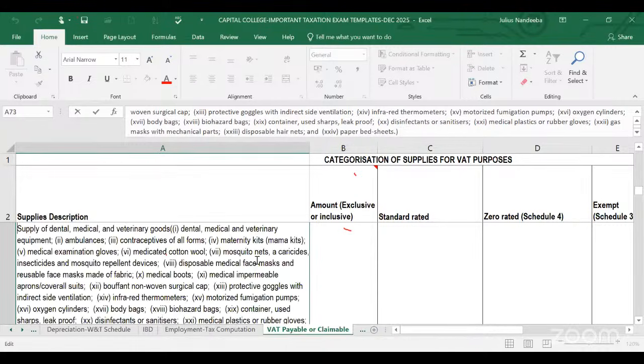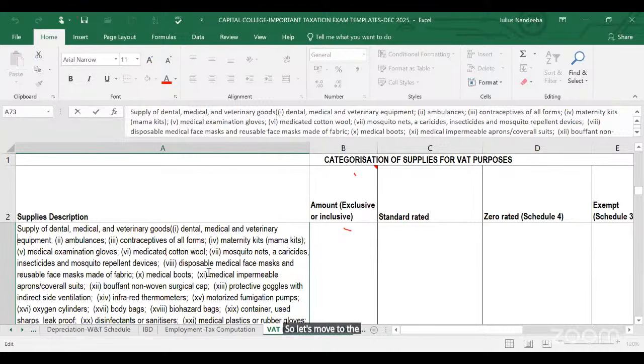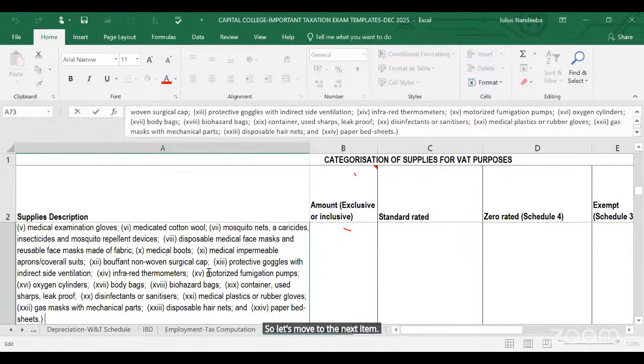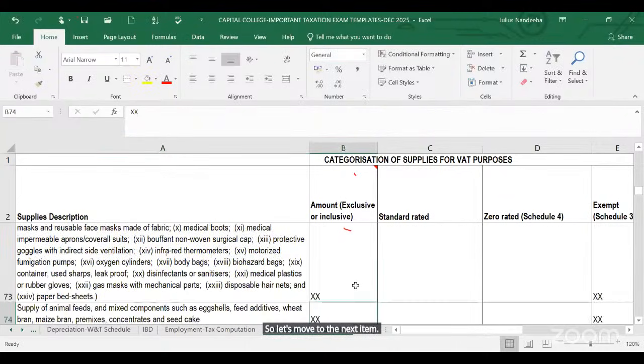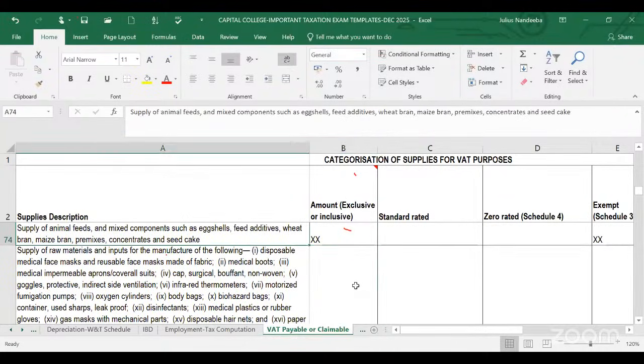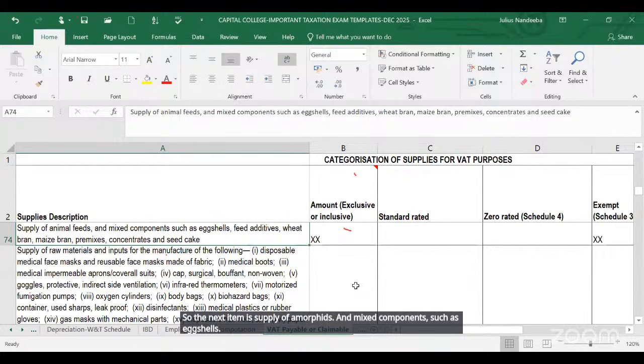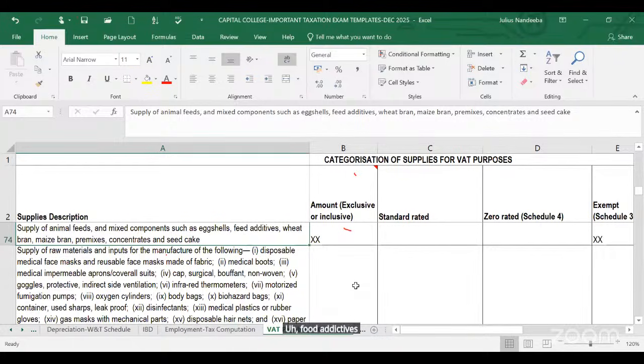So let's move to the next item. So the next item is supply of animal feeds and mixed components such as eggshells, feed additives, wheat bran, maize bran, premixes, concentrates, and seed cake.